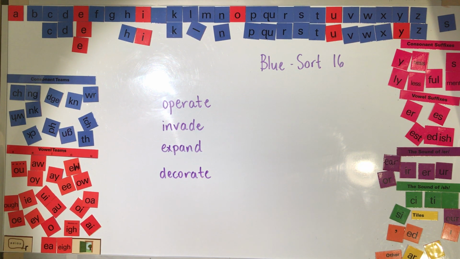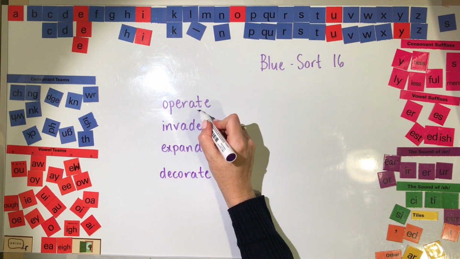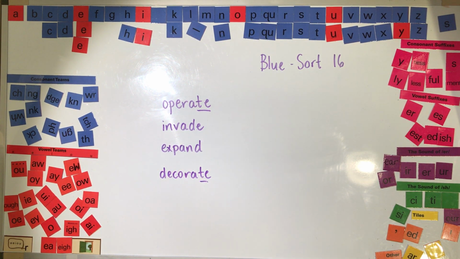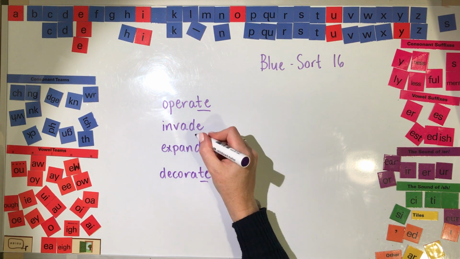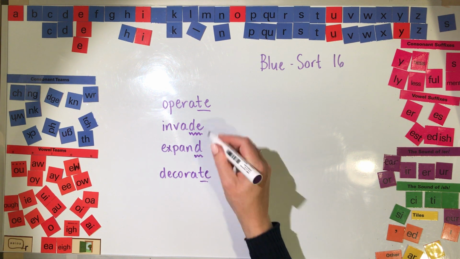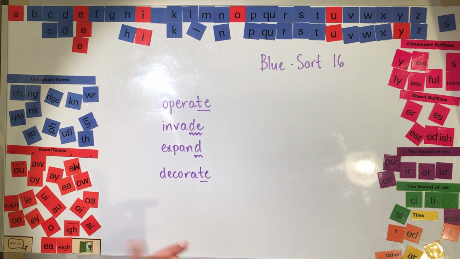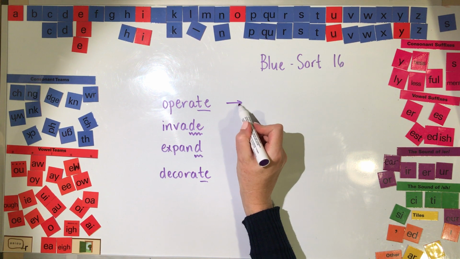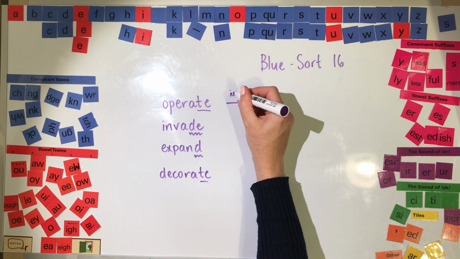Okay, so we've got 2 words that end in TE and 2 words that end in D or DE. We'll call those the same thing because we do the same thing, so we don't need to distinguish between the E and the no D. Okay, so let's turn that into, we want to add ION.